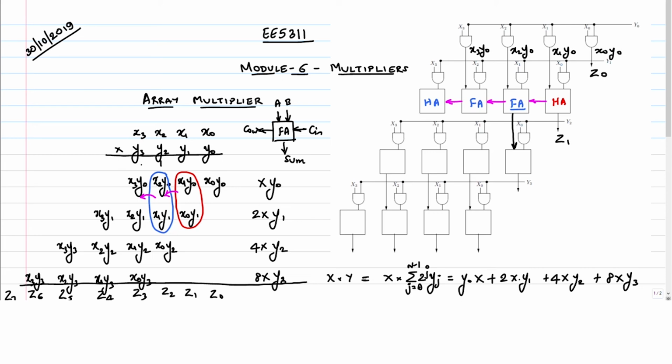I have to take it to the next stage. No, the carry always goes to the higher bit. It goes to the 2 power 1 into something plus the sum. The carry does not affect the sum. That goes to the next bit.